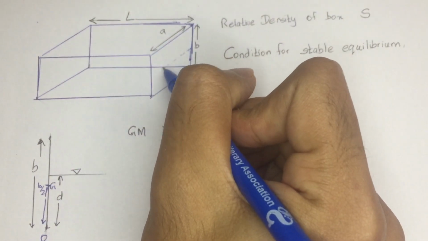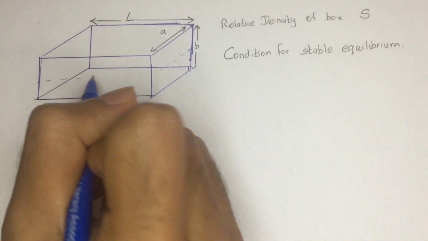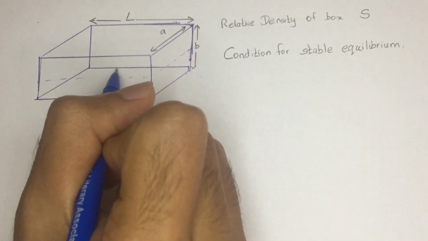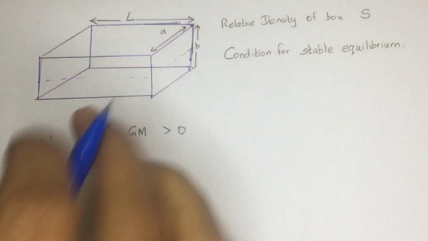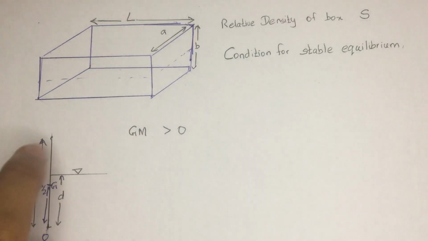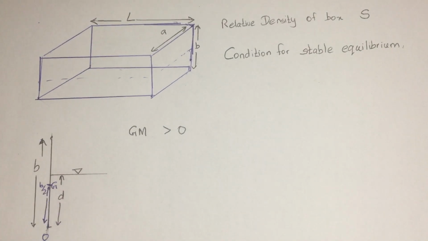If you draw the part, you can actually tell the center of gravity would lie at the middle point, but for ease we are going to draw it in one line. So it's going to be at B/2.